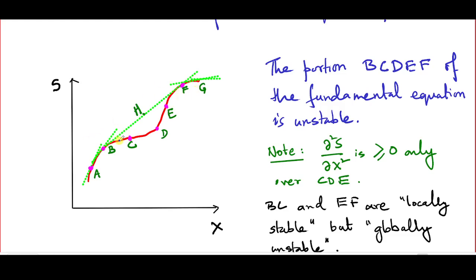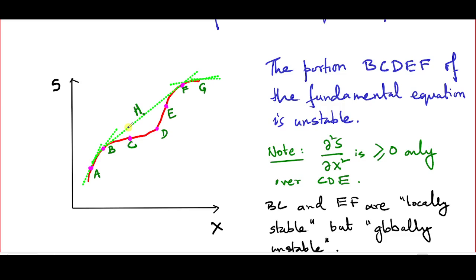If you take a point, say, whose value is x0 here, and go from x0 to x0 minus delta x and x0 plus delta x, the sum of S at x0 minus delta x and S at x0 plus delta x in this case will be less than or equal to twice S of x0.